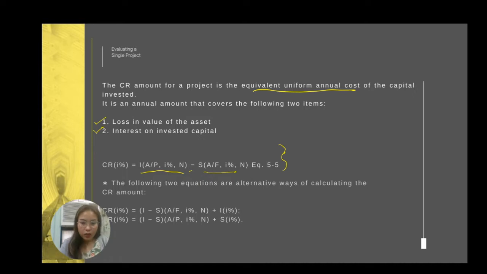This is the easiest formula to compute the CR amount. So I is the initial investment for the project.